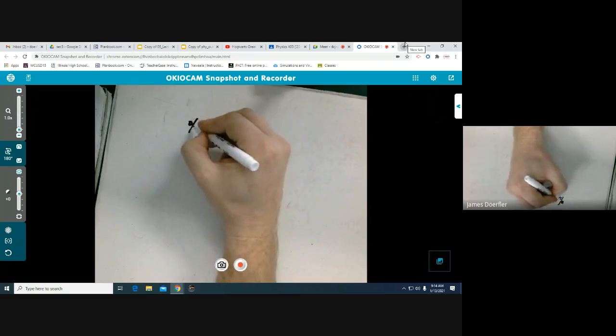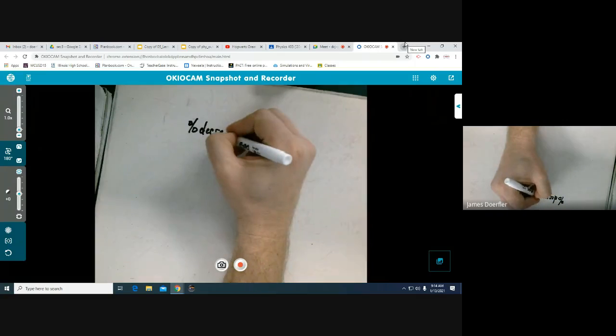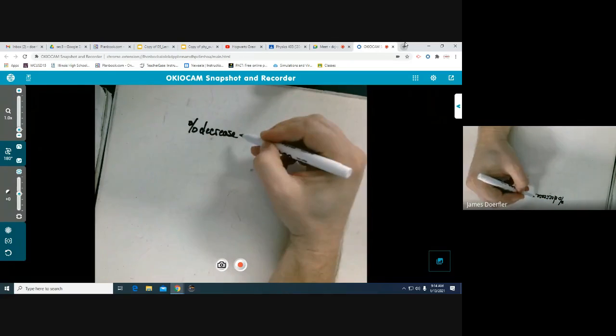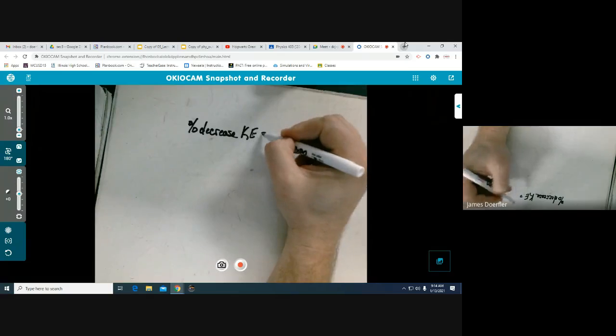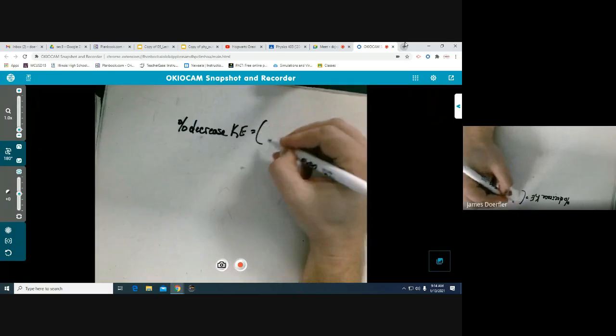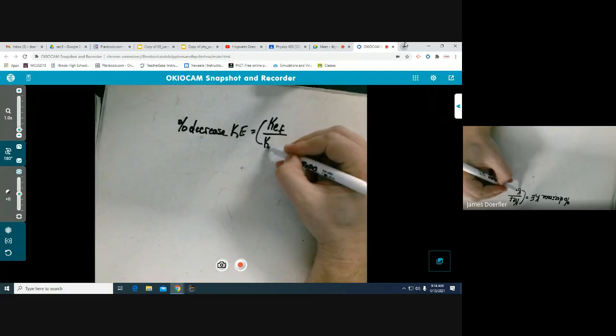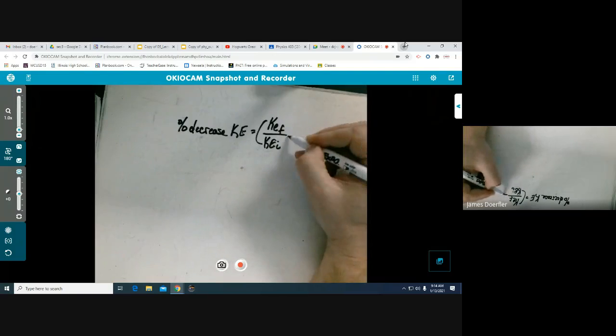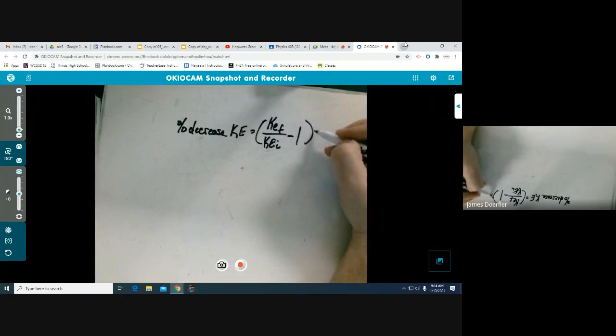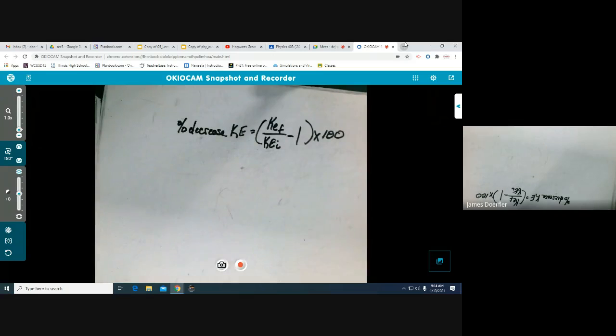So, percent decrease of kinetic energy. Basically you're going to take your KEf divided by your KEi, subtract 1, and multiply by 100. Trust me, it works. Okay? So write that down. Add that to your formula sheet.